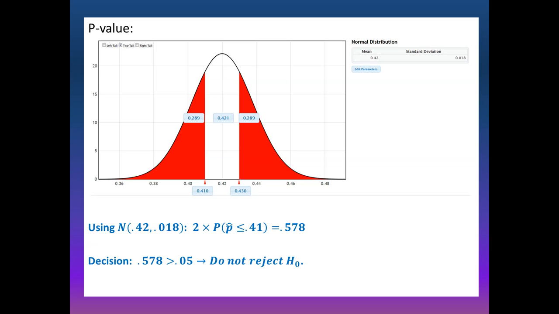So we're getting a p-value of 0.578 because really it's what you get when you double that left tail of 0.289, or effectively what you get when you add the left tail and the right tail together. That's going to be the same answer. 0.578 is much bigger than the significance level of 0.05, so we're not going to reject the null hypothesis here.